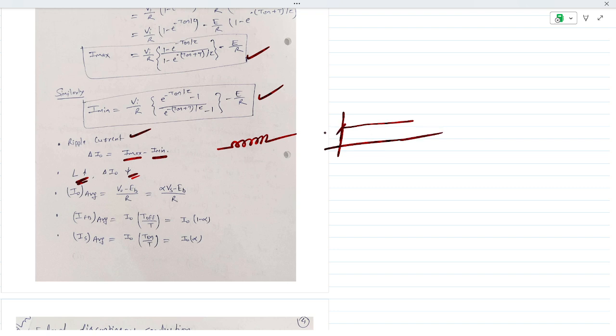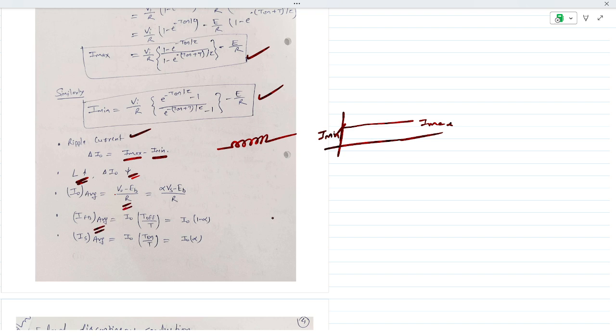Because the tendency of L is to maintain the current through it. If you increase L, the difference between I min and I max will decrease and the ripple will be lower. And i naught average throughout the operation is basically V naught minus E_B upon R.